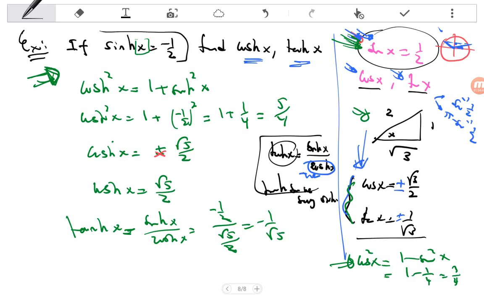So for example, if sine had a negative value like this, I would expect the tangent to also have a negative sign. Whenever sine has a certain sign, the tangent will have a similar sign, which is negative also.